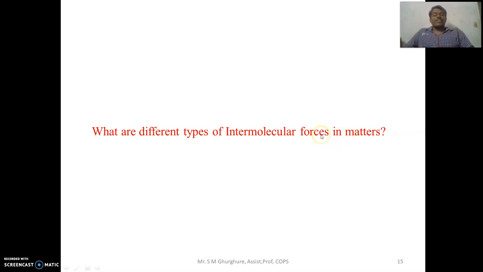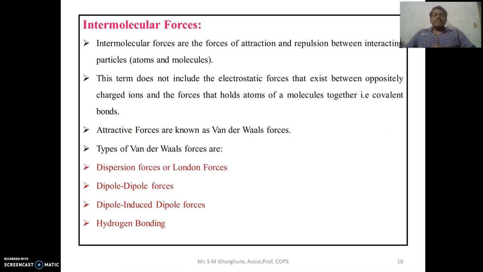Note down this question in your notebook and think about what types of forces exist in matter. Then we'll move towards the intermolecular forces.